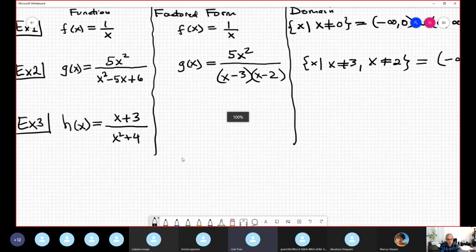The degree of the polynomial on the bottom is 2, quadratic. But I can see it's impossible to do the factorization on the top because it's only one binomial. Here it's also impossible because this is an irreducible quadratic.